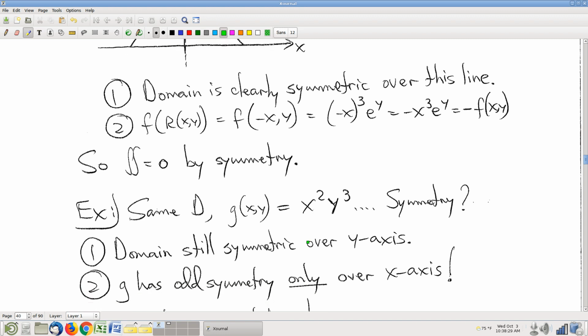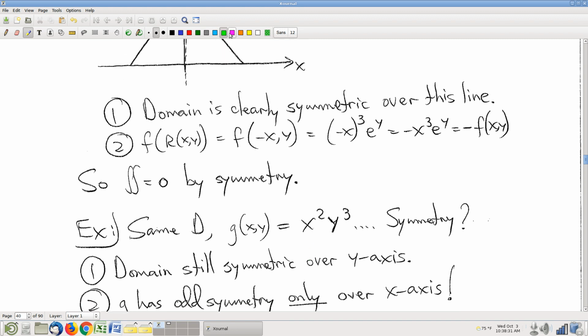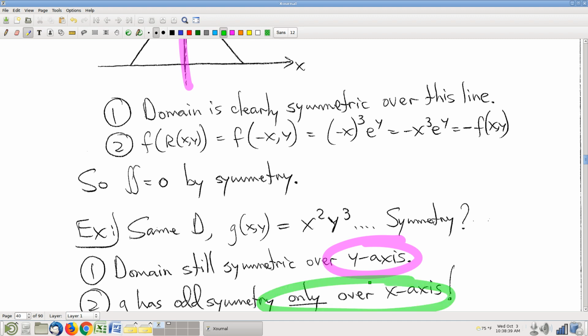So the domain is symmetric. That's true, right? This domain still has a symmetry over the y-axis. But the function only has one odd symmetry, and that's when you put a minus sign on the y, because y has the odd power.